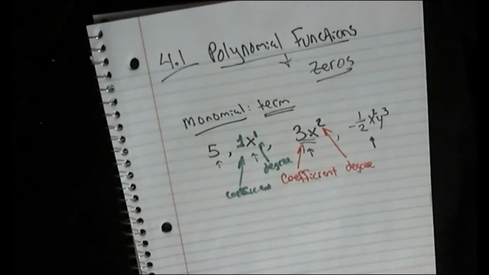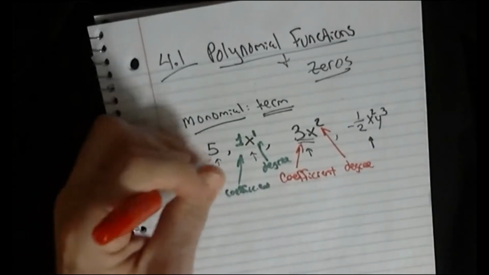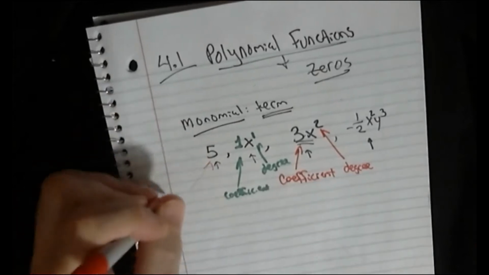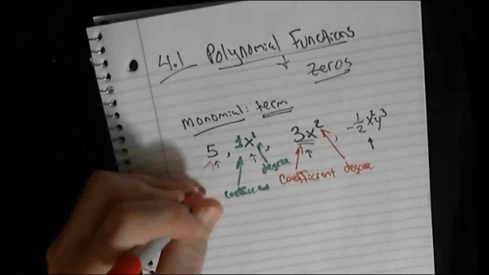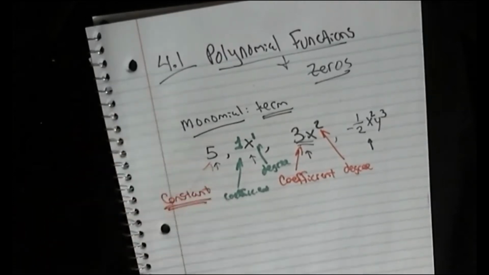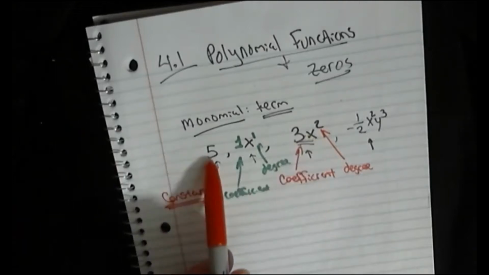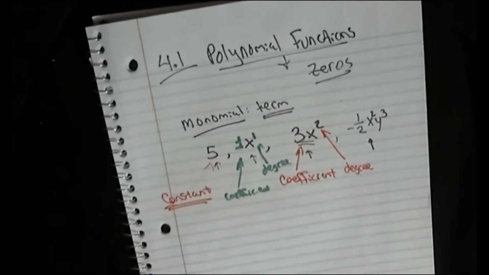Okay. Now, if you just have a singular number with no variable, this is referred to as a constant. Variables change, numbers are constant. It doesn't change. So because we're not multiplying any variables that can change, this thing will never change. This is always worth a value of 5.